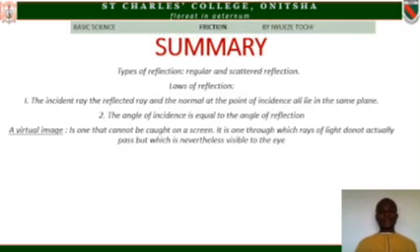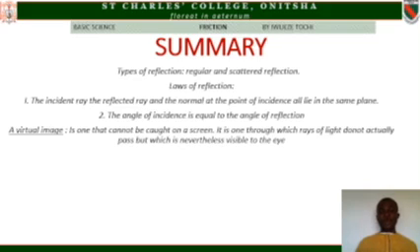Summary: types of reflection: regular and scatter reflection. Laws of reflection: number 1, the incident ray, the reflected ray, and the normal at the point of incidence all lie in the same plane. Number 2, the angle of incidence is equal to the angle of reflection. A virtual image is one that cannot be caught on a screen.